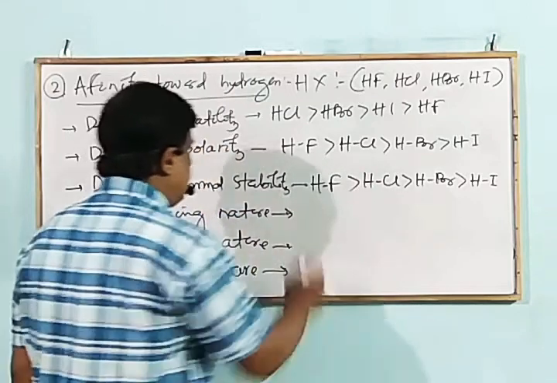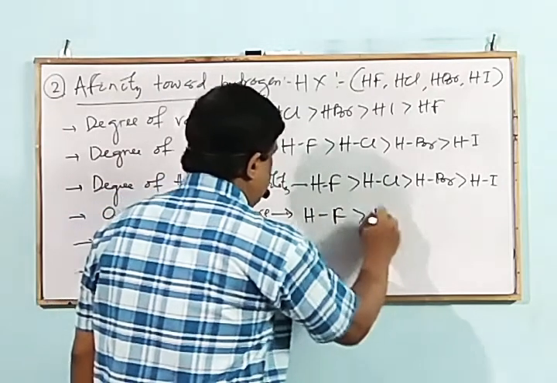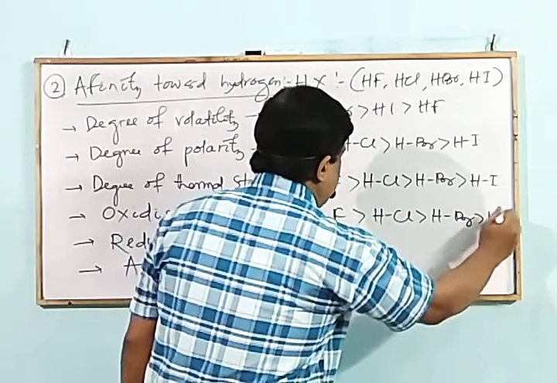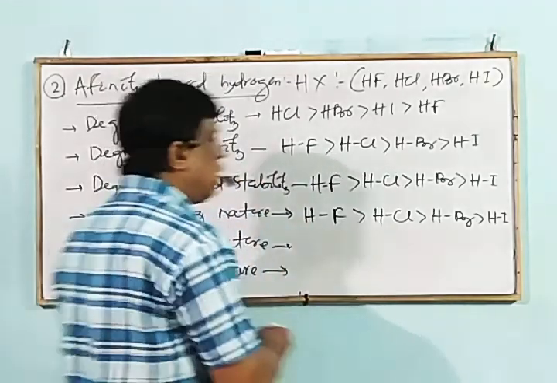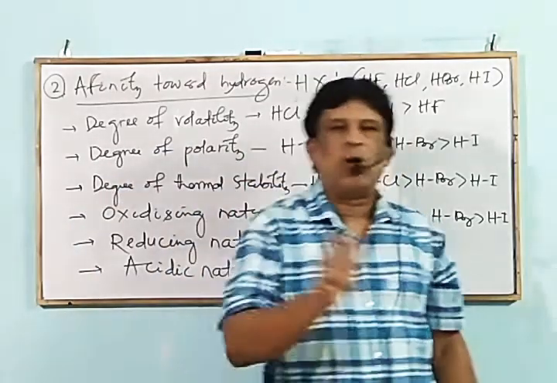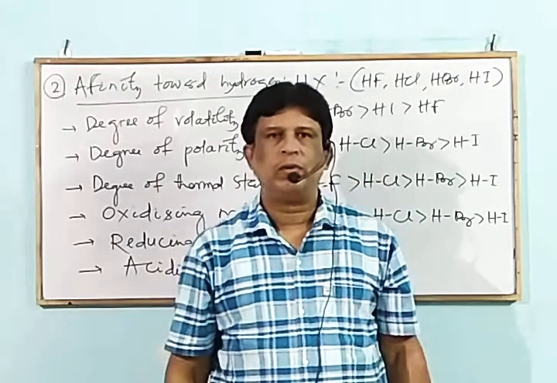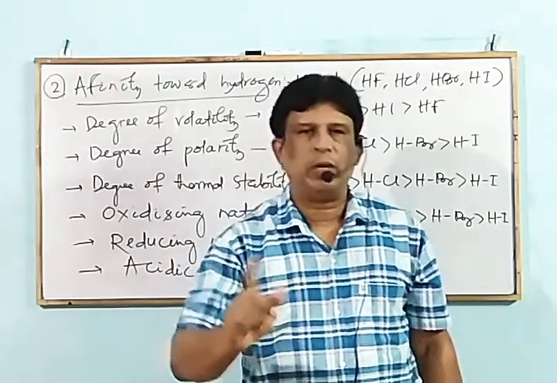Next, oxidizing nature. This value also decreases as HF, HCl, HBr, HI. What do you mean by oxidizing nature? An oxidizing agent helps in oxidation. Oxidation means loss of electrons.